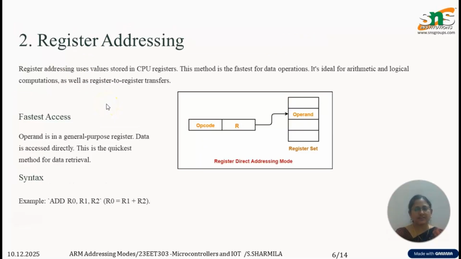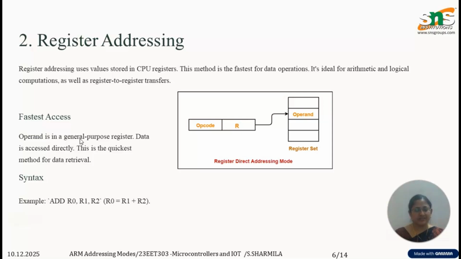And the next addressing mode is the register addressing mode. The register addressing uses data stored in general purpose registers. This is the fastest form of addressing, since accessing registers is much quicker than accessing memory. A common example is ADD R0, R1, R2.